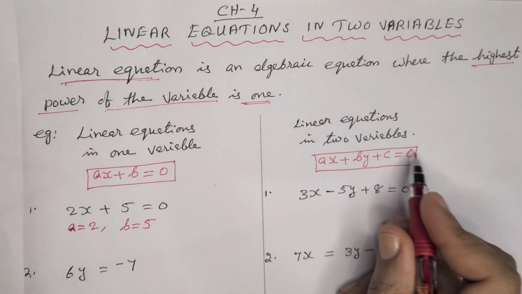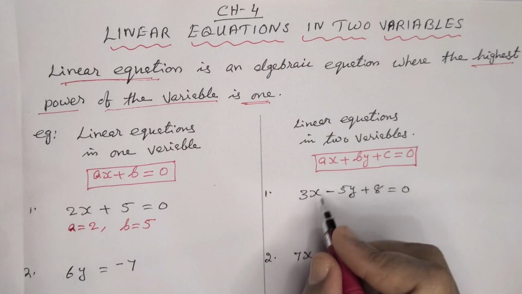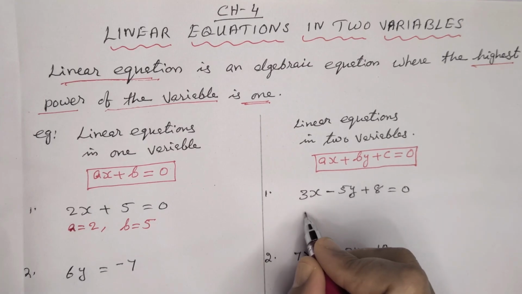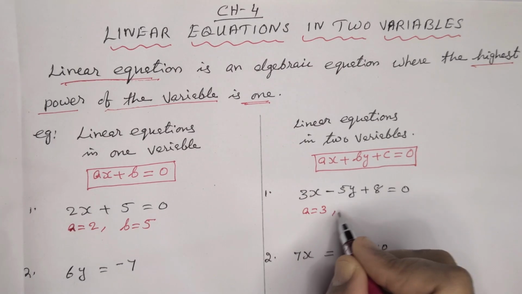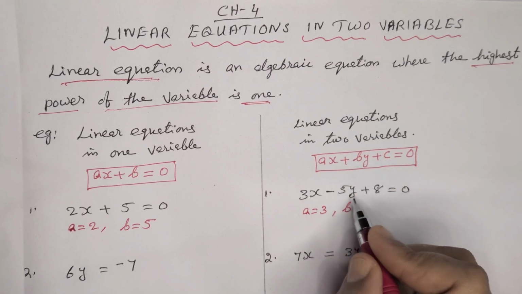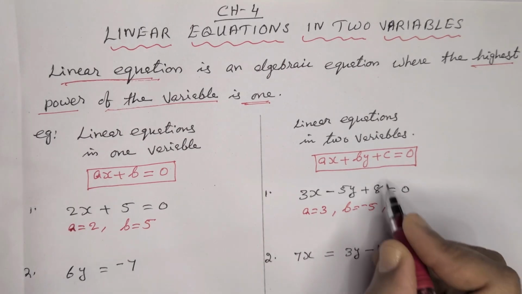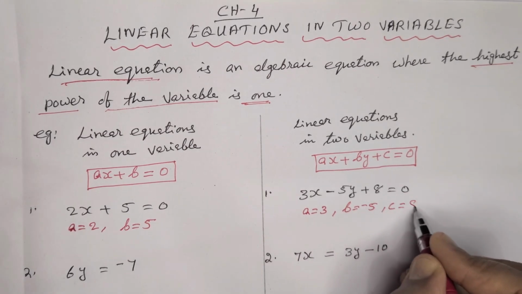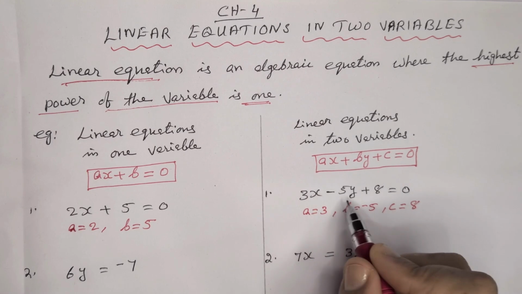This is in the standard form, so we can compare the given equation with the standard form. Here a is equal to 3, b, the coefficient of y, is minus 5, and the constant c is equal to 8. So in this equation x and y are the variables.